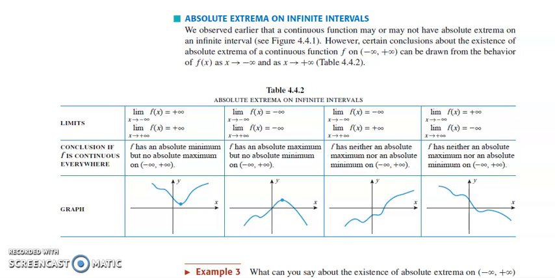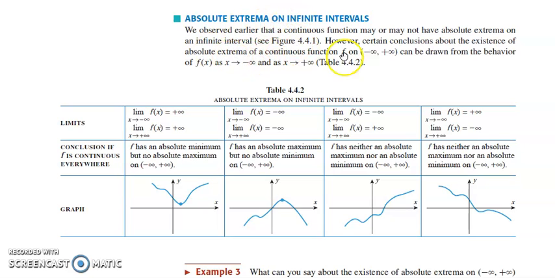Now today we will specifically look at functions defined on an interval of the form minus infinity to infinity. So we are going to look at continuous functions on the interval minus infinity to infinity, and see whether they have an absolute maximum or absolute minimum.